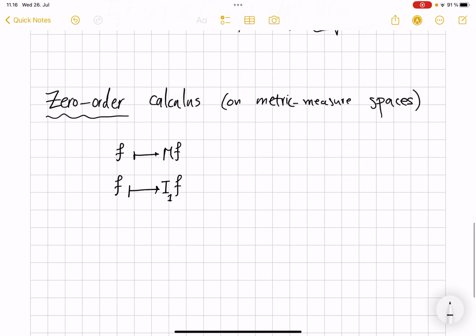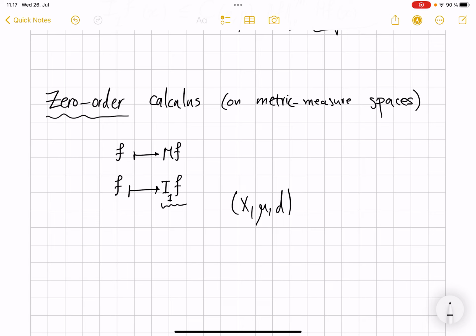The one thing I must mention, though, is how do you even define this Riesz potential on a general metric measure space? The boundedness claim that I had there is pretty much still true in a metric measure space.